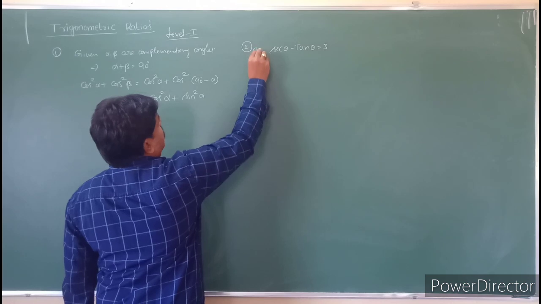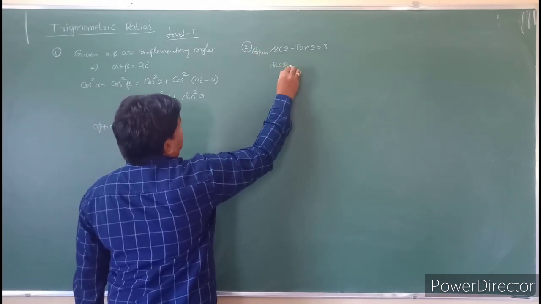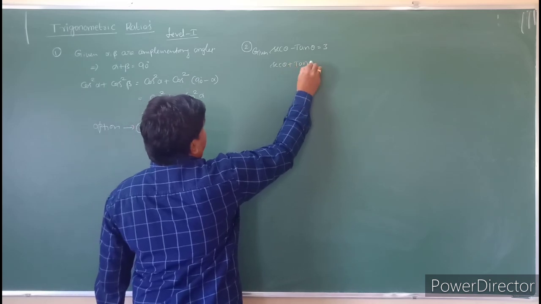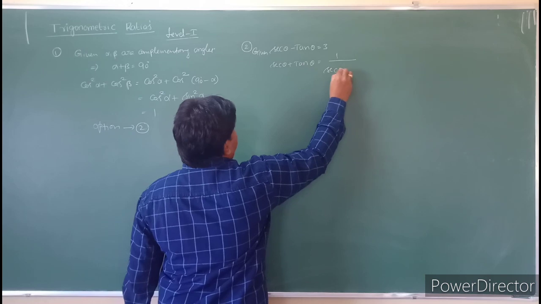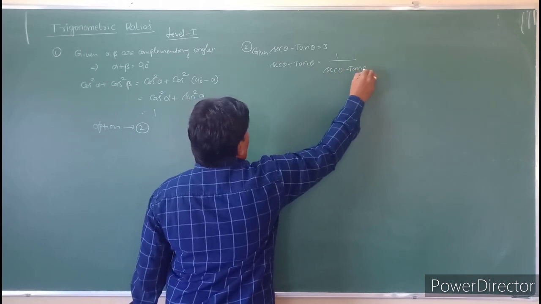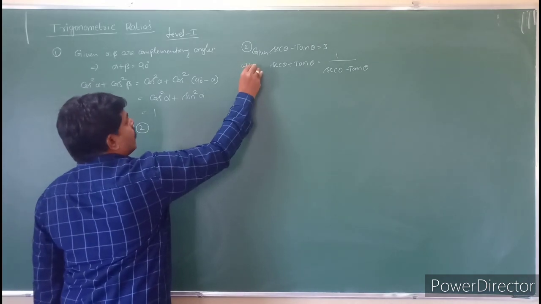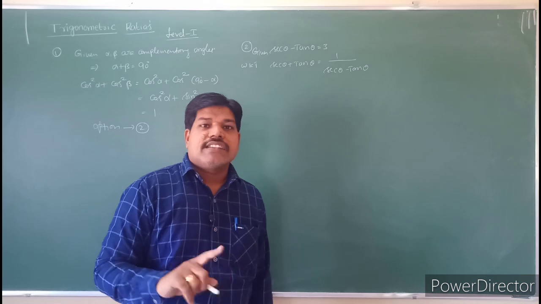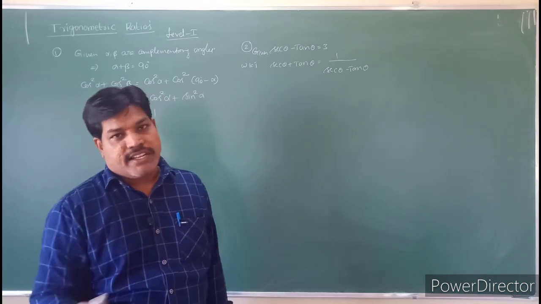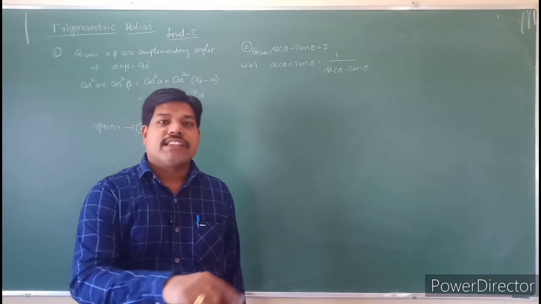Given this, I am already given one formula. What is secant theta plus tan theta? It is the reciprocal of secant theta minus tan theta. We know that secant theta plus tan theta is the reciprocal of secant theta minus tan theta, and secant theta minus tan theta is the reciprocal of secant theta plus tan theta.